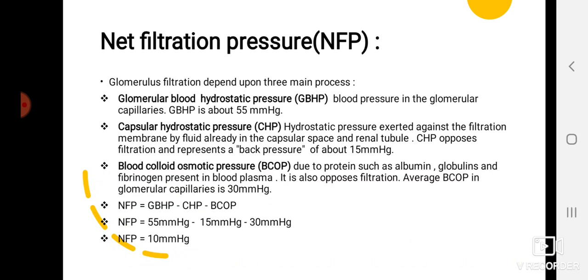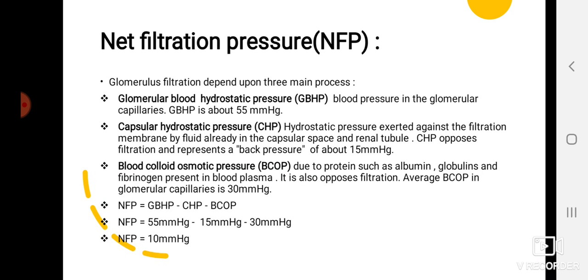The fluid that is already inside the capsular space and the renal tubule exerts an opposite pressure, and the capsular hydrostatic pressure opposes the filtration and represents a back pressure, and this back pressure is about 15 mmHg.